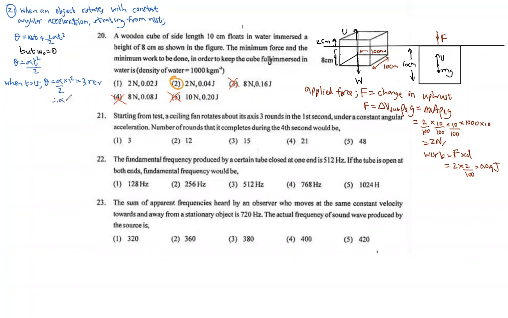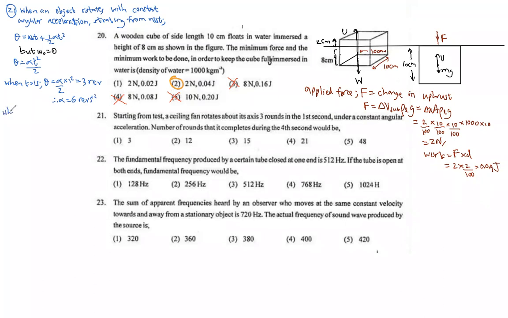Therefore, alpha is 6 revolutions per second squared, not radians per second squared. That is our alpha. The question is the number of rounds it completes during the 4th second.